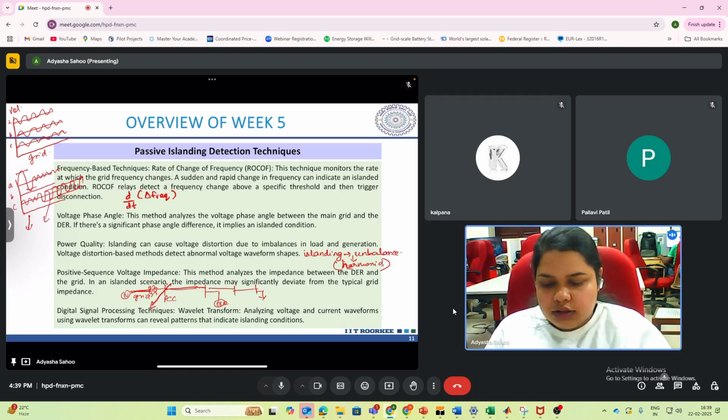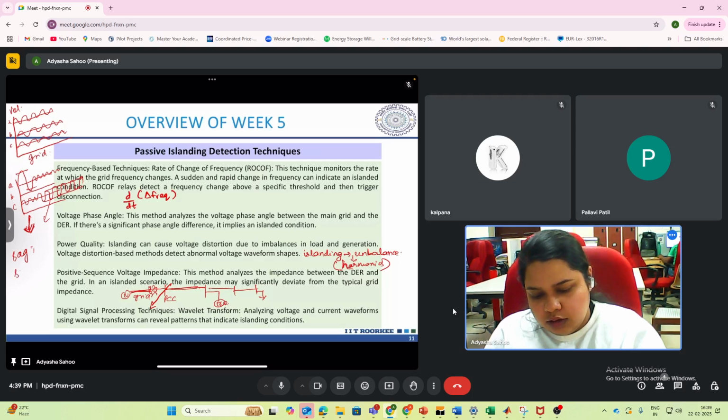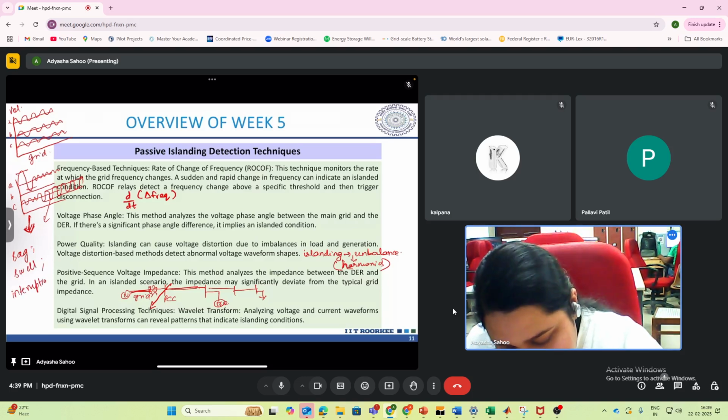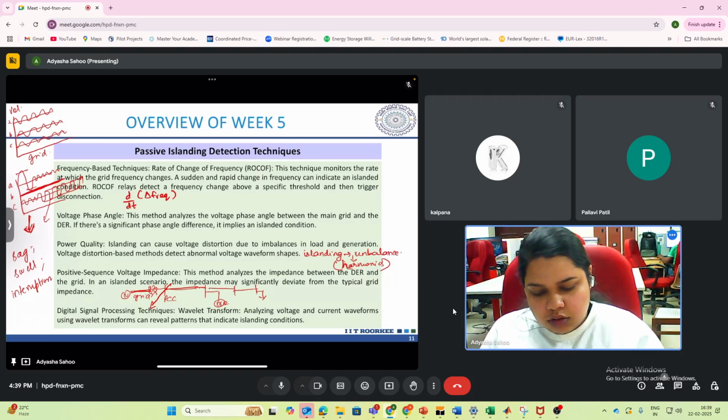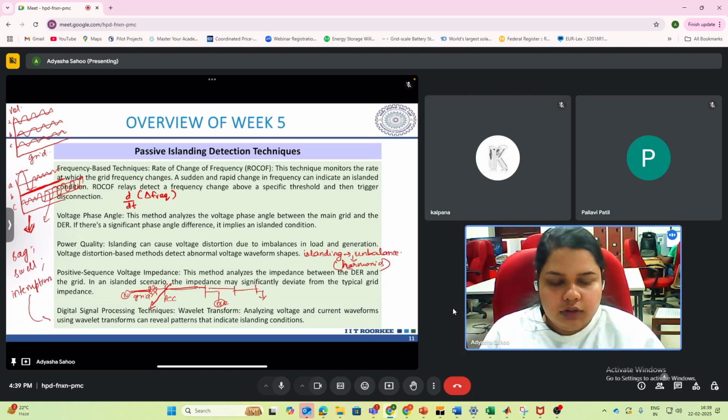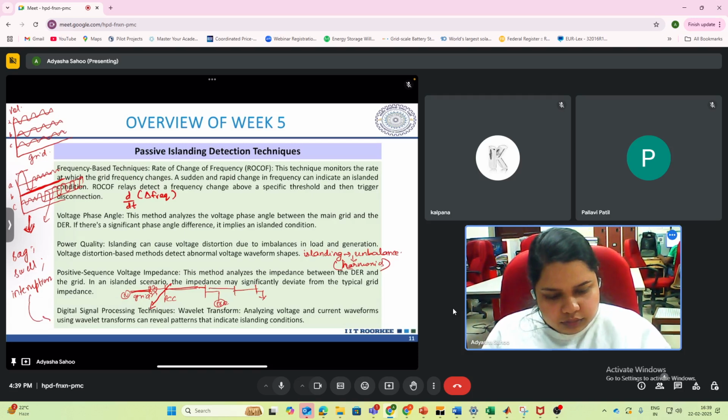And if certain types of patterns are observed, such as over voltage or what we say sag, swell, or interruption. Interruption means the voltage will be absent, like in B phase, basically. So we look for these things in the waveforms, and if such kind of waveforms we get, we can say that islanding may have taken place.